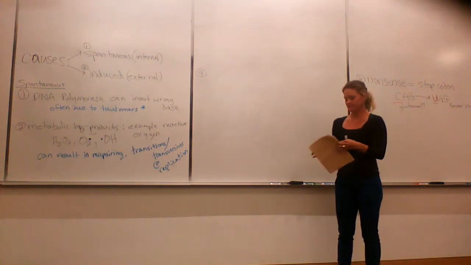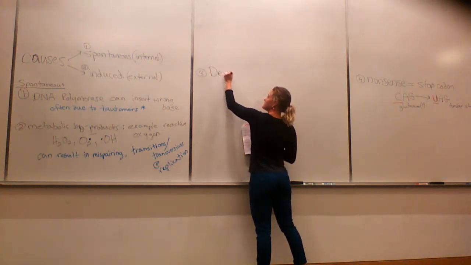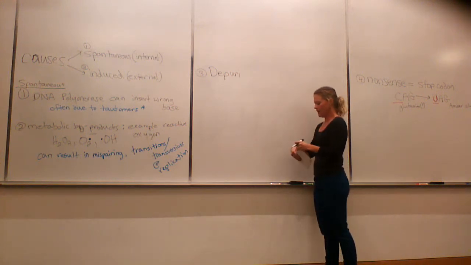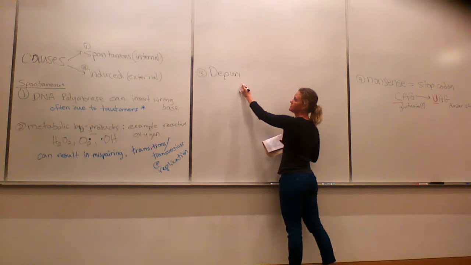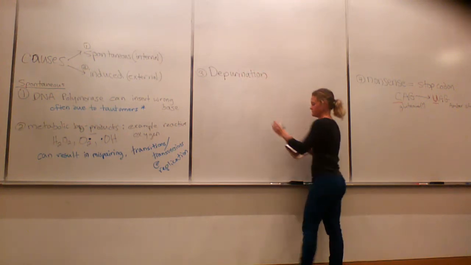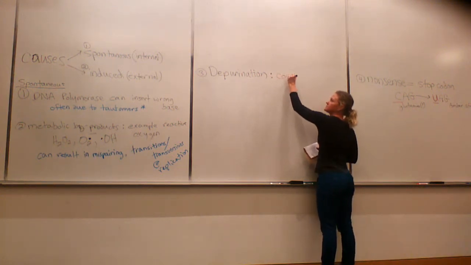Anyway, the third one has to do with purines. It's when you actually remove the covalent bond to the backbone on a purine. So it's called depurination. I'll write a little definition up here so you have it in your notes.